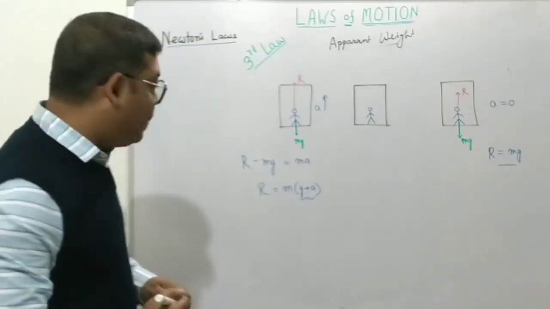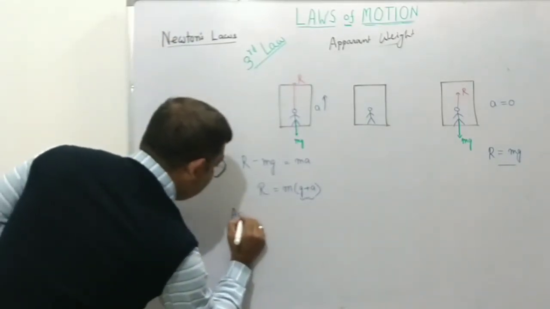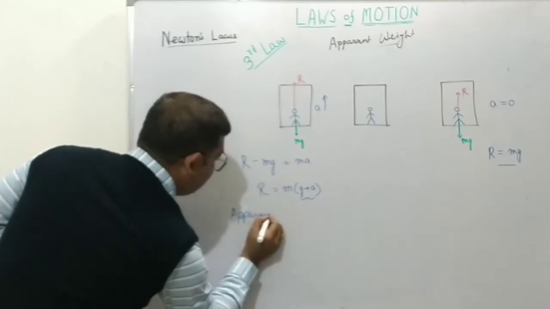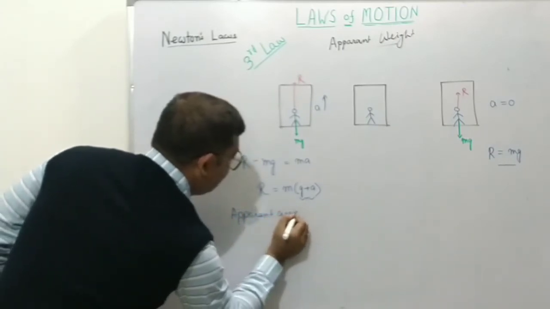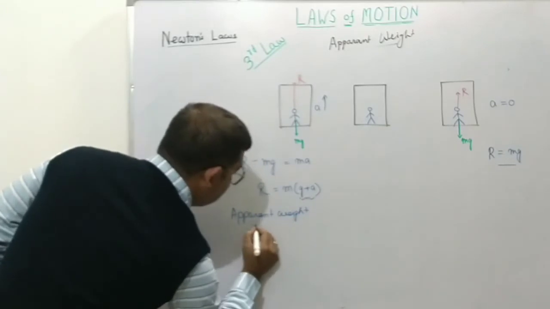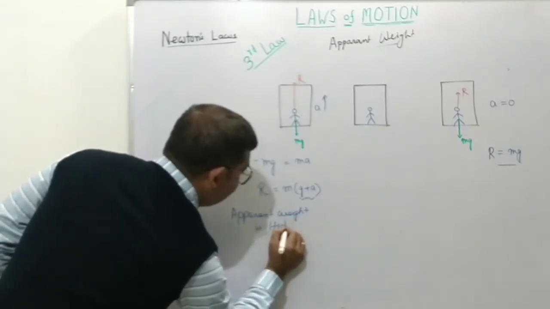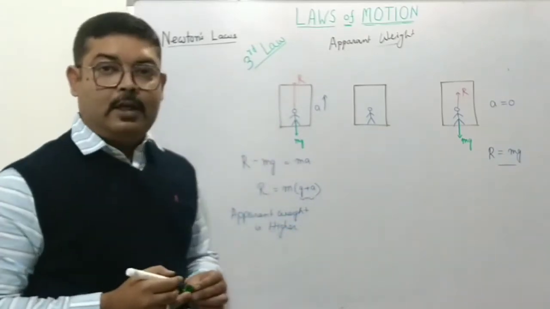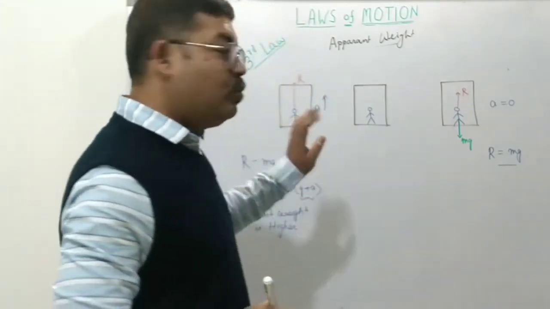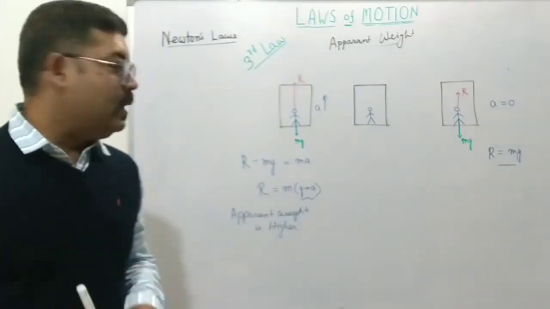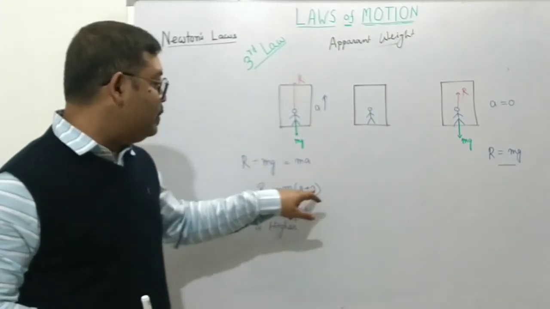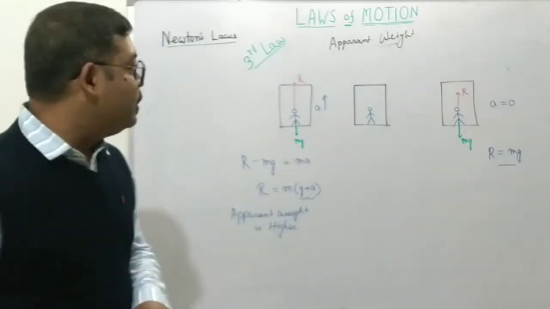In other words, the apparent weight is higher. So when you accelerate upwards, your weight as shown by a weighing machine will be higher than your actual weight. By how much? Mass times the acceleration with which you are going upwards.